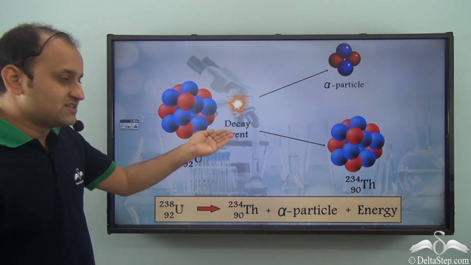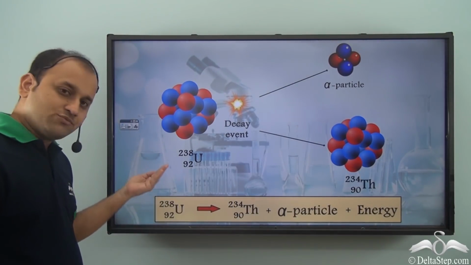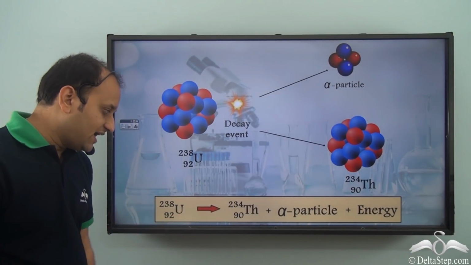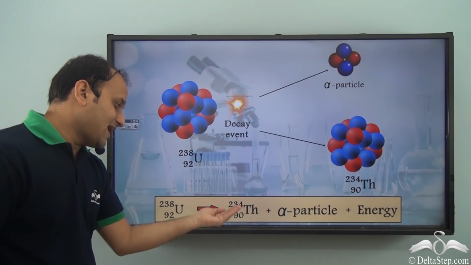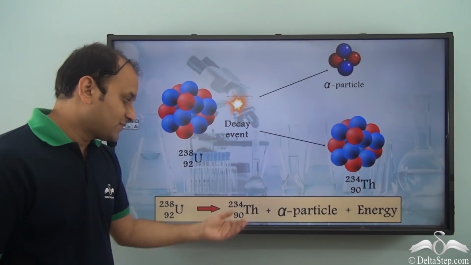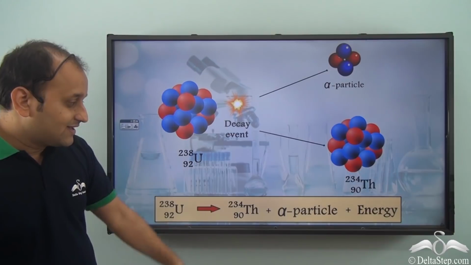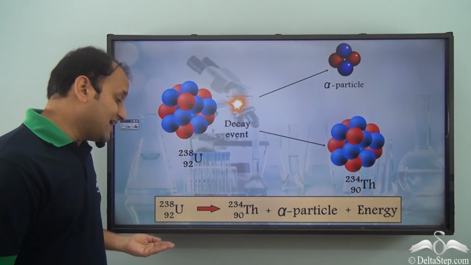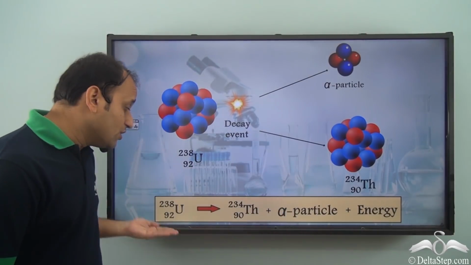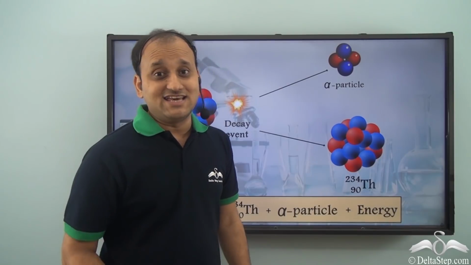And if we write this in the form of an equation, we can write this as uranium-238 undergoes decay and it gives thorium-234 with atomic number 90, plus we have an alpha particle which has been released, and this is accompanied by release of energy. So this is the entire equation. This is how you will write the equation for an alpha decay.